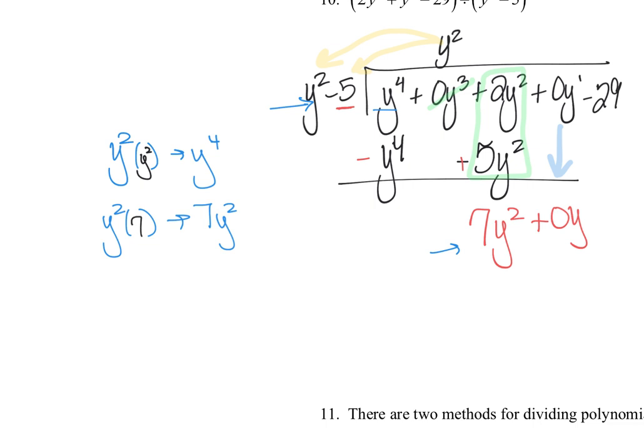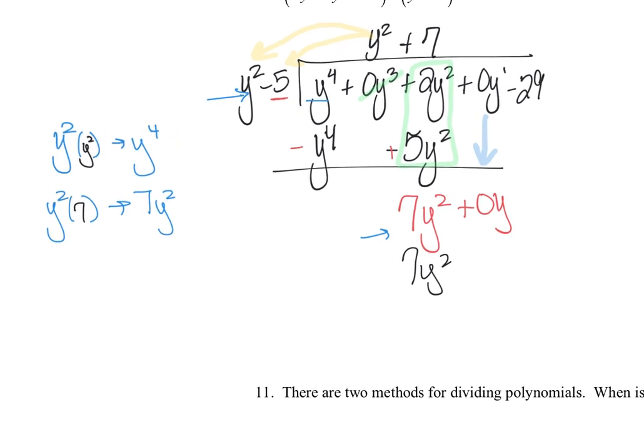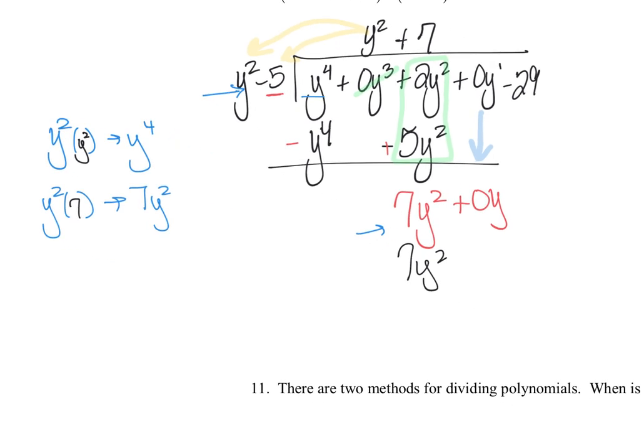So that's what I'm going to come up here and multiply by. So 7 times y squared is 7y squared, and 7 times negative 5 is negative 35. See, it won't even come into play with this 0y. I needed to bring down the negative 29 so that I can put the negative 35 with it.